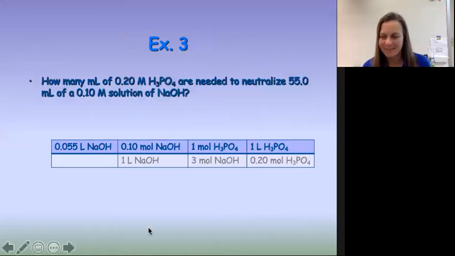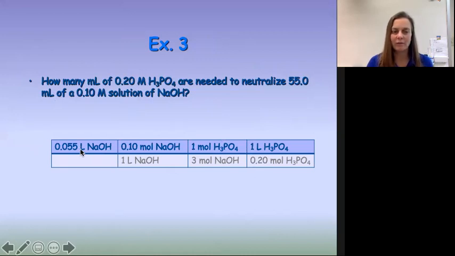All right, let's see if this one's right. Okay, I know this one works. So how many milliliters of 0.20 molar phosphoric acid are needed to neutralize 55 milliliters of a 0.1 molar solution of sodium hydroxide? So this one is just a simple solution stoichiometry problem.